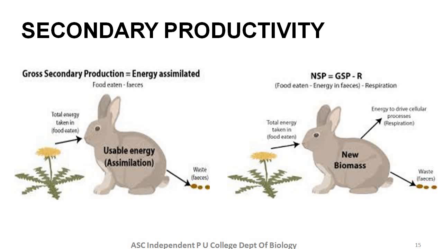In case of animals, it's the same, but the terms we use are GSP, NSP and R. So NSP is equal to GSP minus R, that is, net secondary productivity will be equal to gross secondary productivity minus respiratory loss.